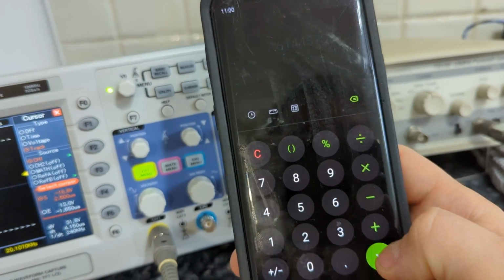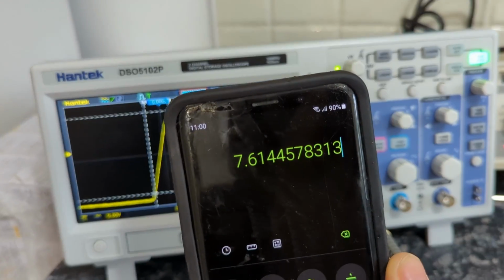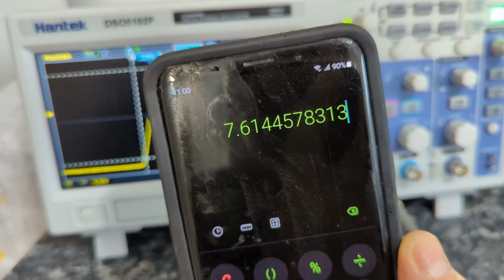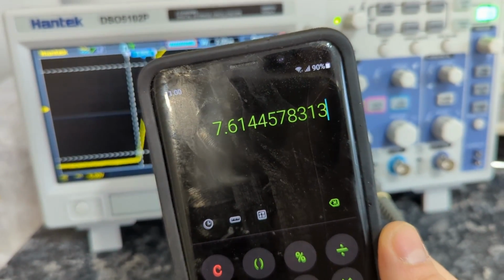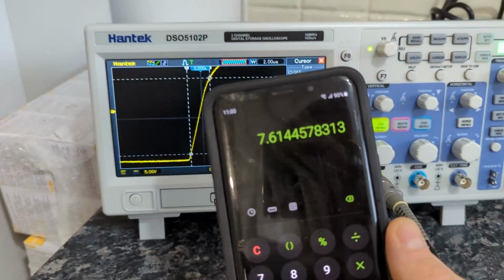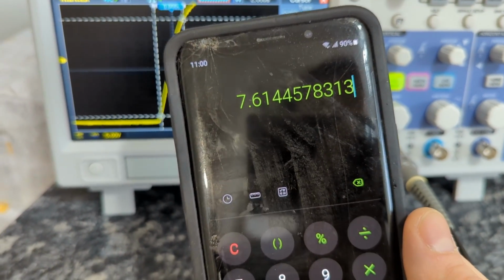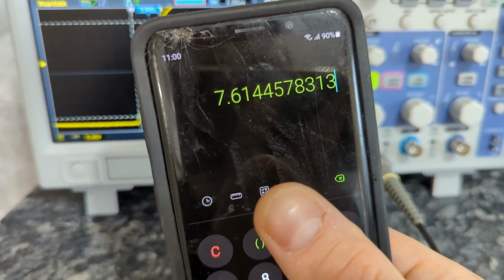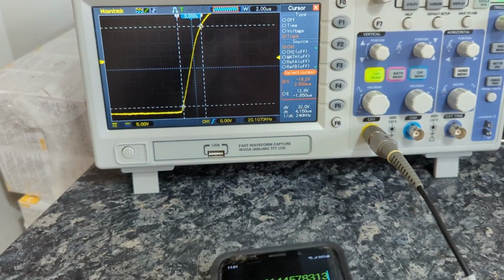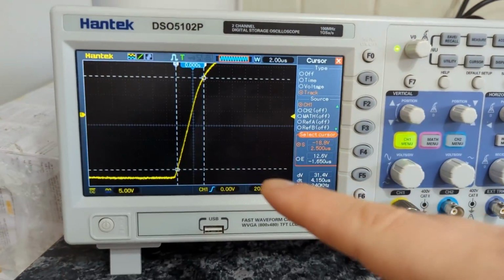And we have a slew rate of 7.6 volts per microsecond. And that one was like, what, 30 something? So that's like 4 or 5 times the difference between these. And you see that this is kind of on the limit that we said is acceptable, like between 6 and 10 volts. And this, remember, is at maximum output.